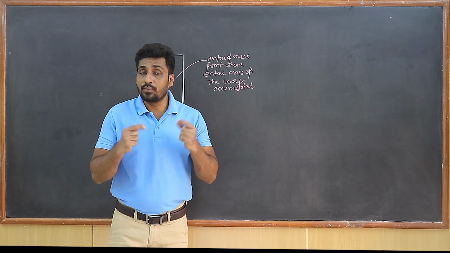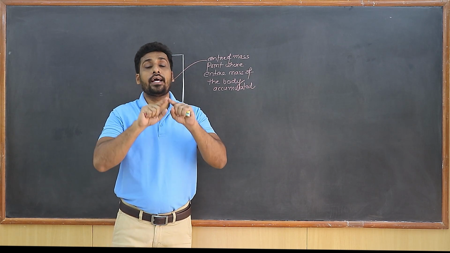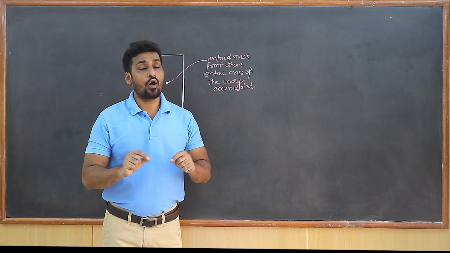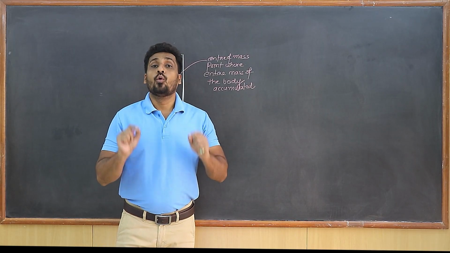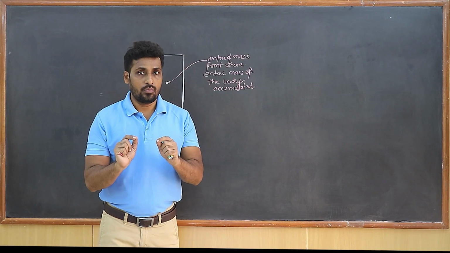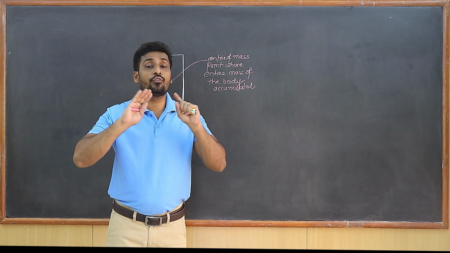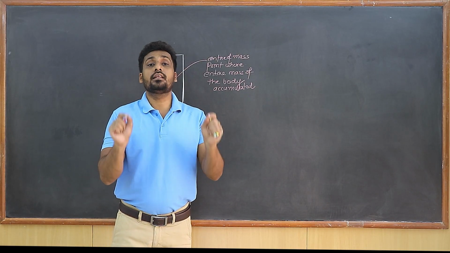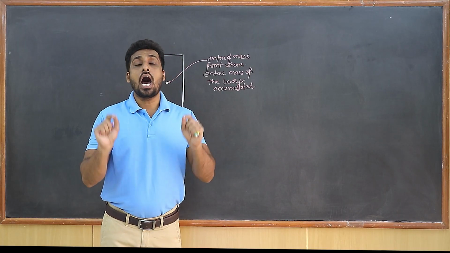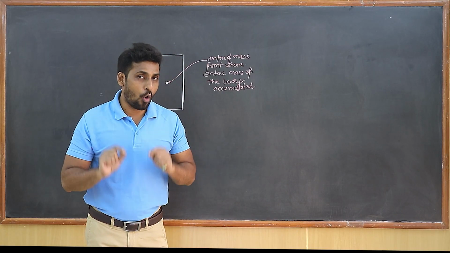So center of gravity is basically what? It is the point where the entire weight of the body will get concentrated or accumulated. Now, if the gravitational field is uniform throughout the body, then the center of gravity and the center of mass are one and the same point.